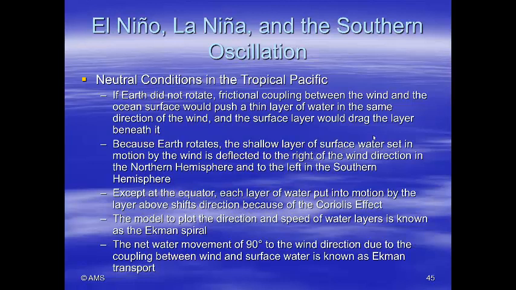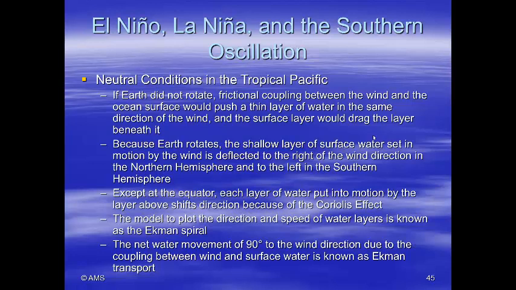But because the Earth rotates, the shallow surface water set in motion by the wind is deflected to the right of the wind direction in the northern hemisphere and to the left of the wind direction in the southern hemisphere. This happens except at the equator.